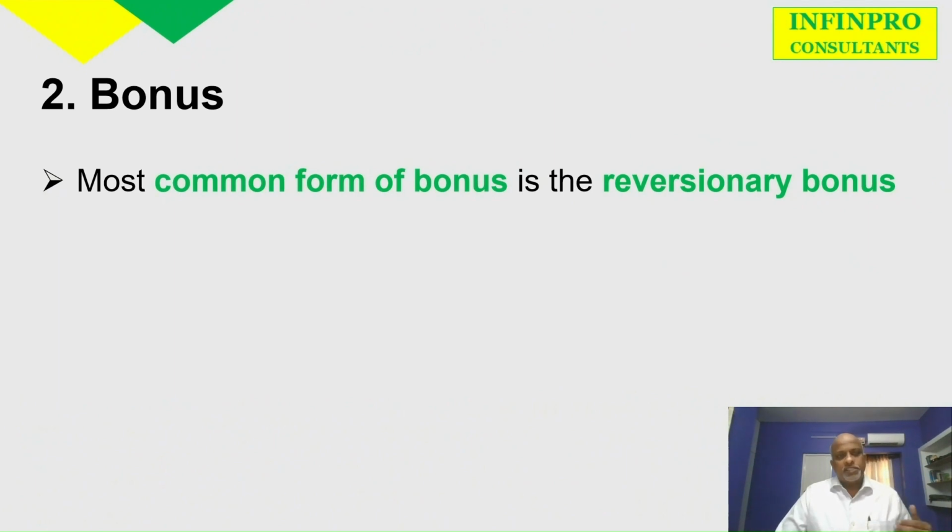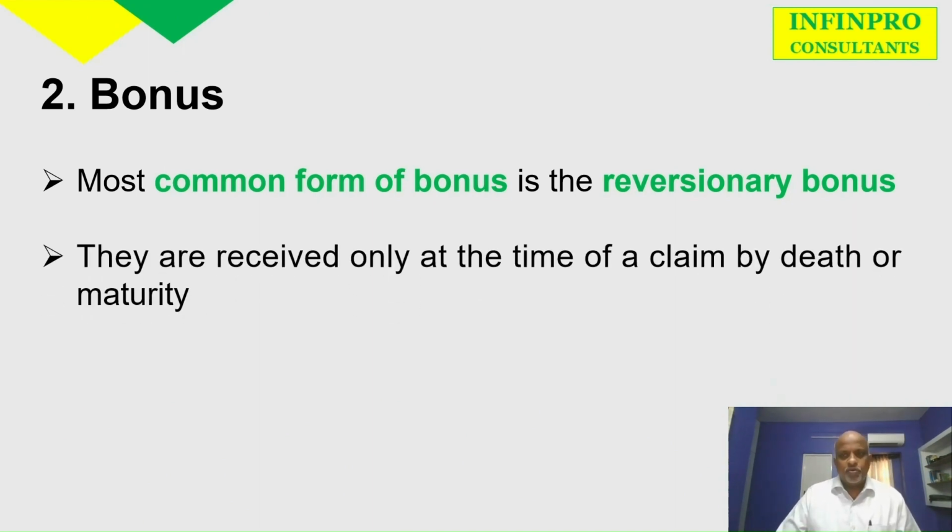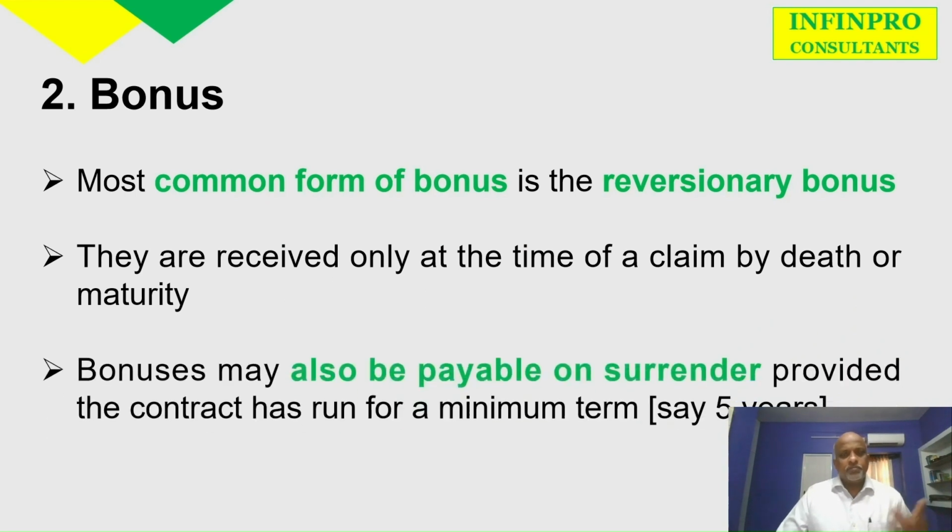So let's understand more about the bonus. The most common form of bonus is the reversionary bonus, right? So in reversionary bonus, there are multiple varieties. We will discuss the various reversionary bonus. A reversionary bonus is given to the policy holder when there is a maturity or there is a death claim, right?